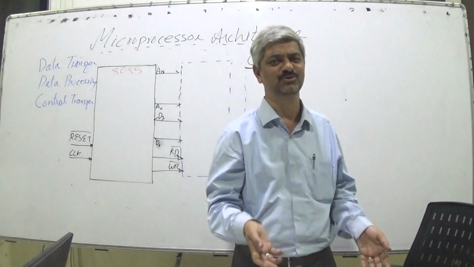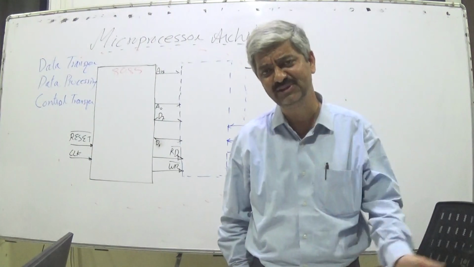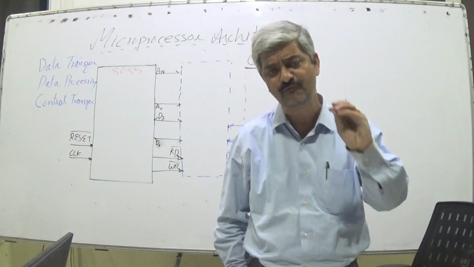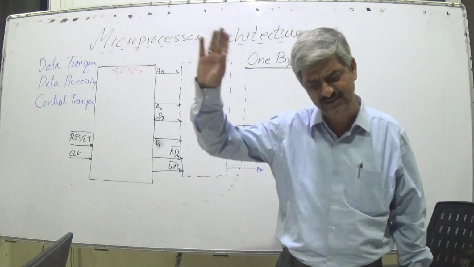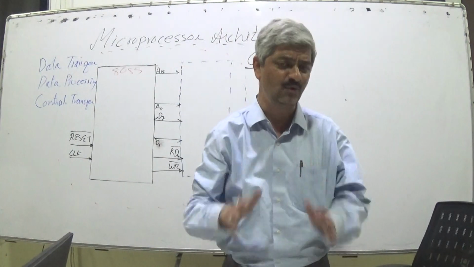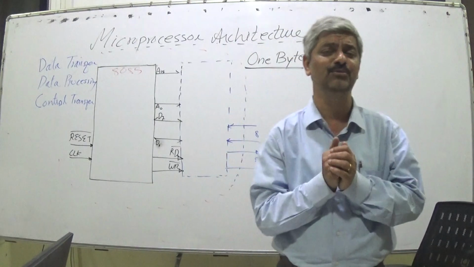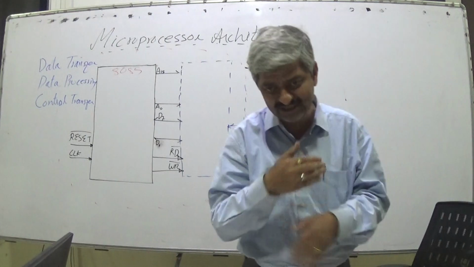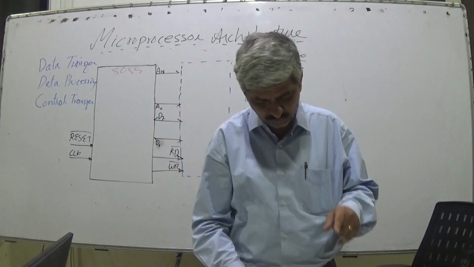There are 16-bit processors, but still somehow it starts with 8, and that one entity of a byte has continued for decades together. So 1 byte.